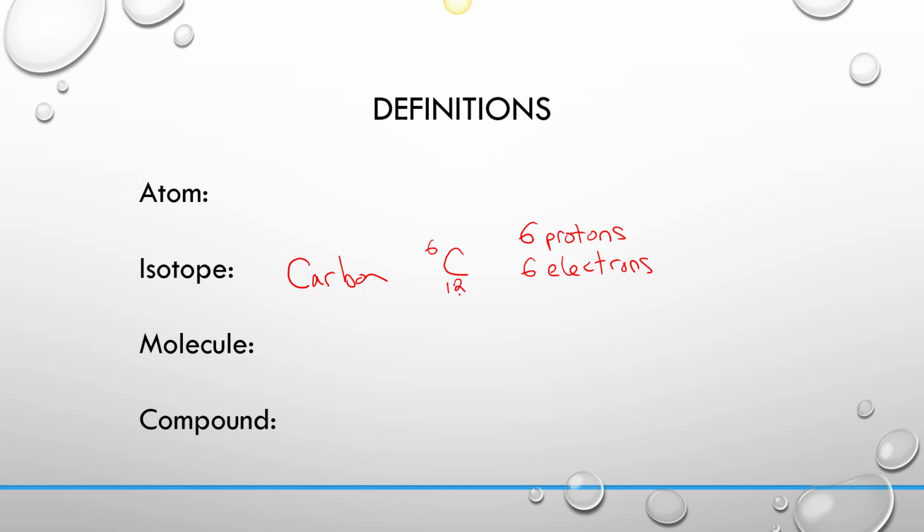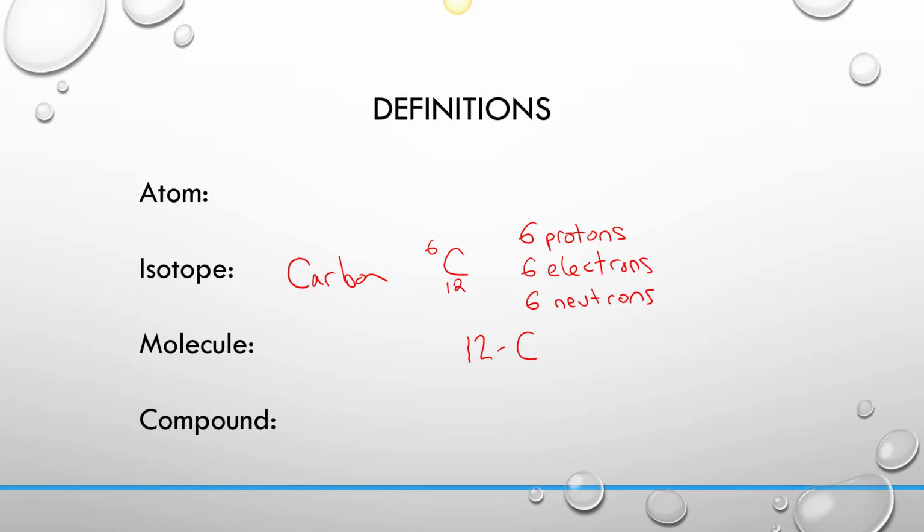And then in order to get the neutrons, you do the mass number minus the atomic number, so that gives you 6 neutrons. This is known as carbon-12, and again, that is another way of writing carbon-12, and this is the most common type of carbon that you're going to find on Earth.